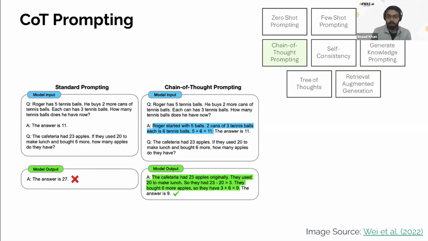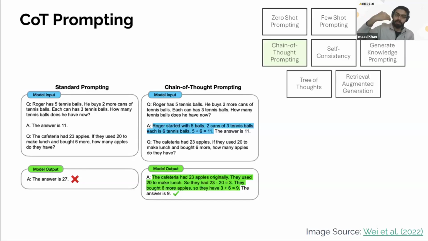The answer is: Roger started with 5 balls. 2 cans of 3 tennis balls each is 6 tennis balls. 5 plus 6 is equal to 11. The answer is 11. So you do not just give the answer, but you also give the way you would come to the conclusion that the answer is 11.